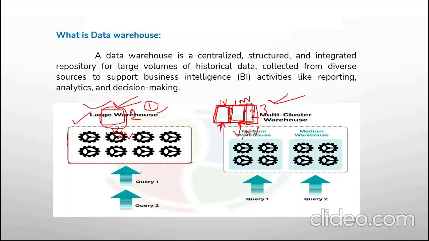It means when the first query is executed and succeeds, only then does the second query start running. While in the multi-cluster warehouse, the same space is divided into two parts, medium warehouse, medium, like that.